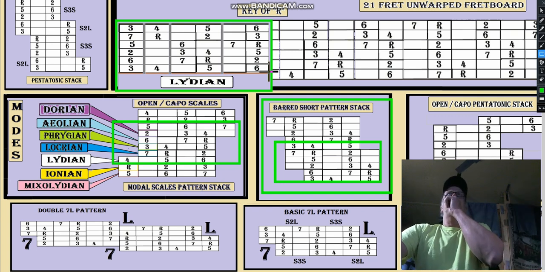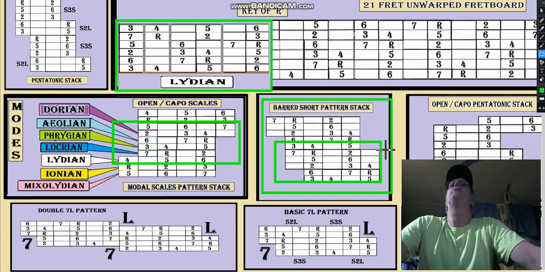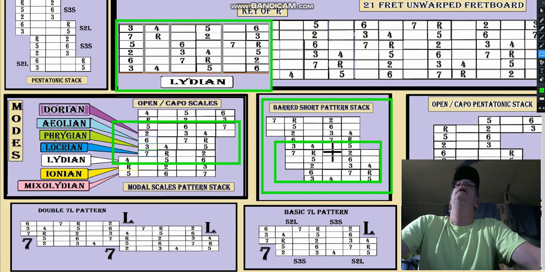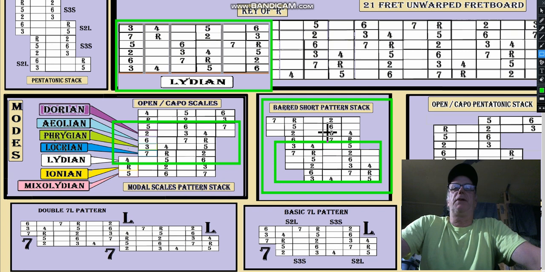Now, the other thing I might mention is that with the 3, 4, 5 here, and we're doing, say, a Lydian, or we could do a Phrygian from there, is a C shape. When that warps over, the R comes over here, and you've got R, 3, 5, R. That's your C-shaped chord. And so the Lydian lives in the C shape, and it's got an E shape. So that's why CAGED isn't always necessarily just CAGED.